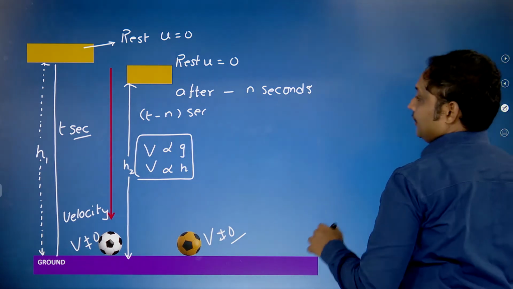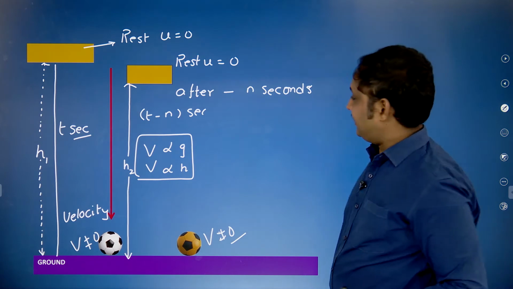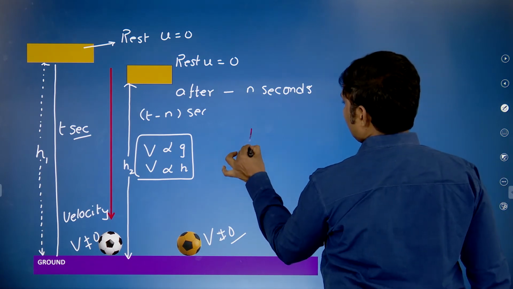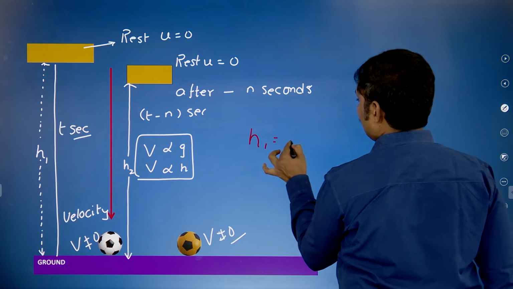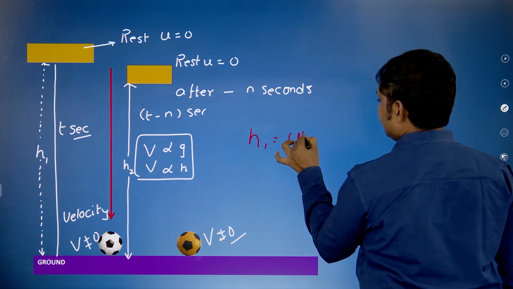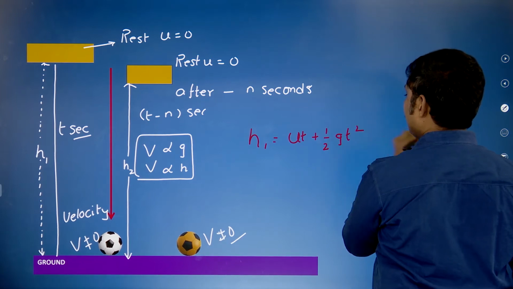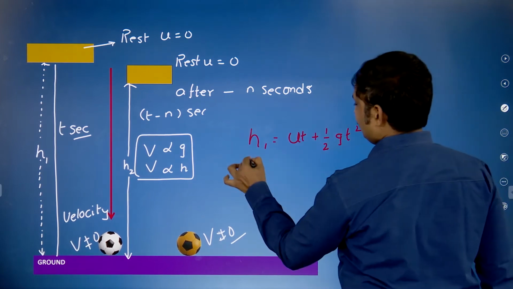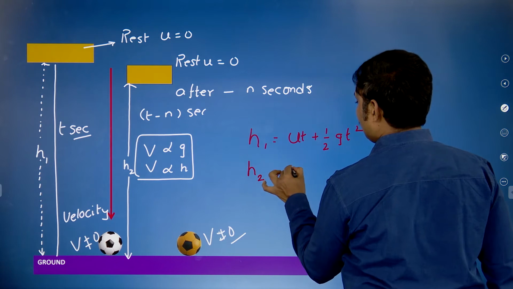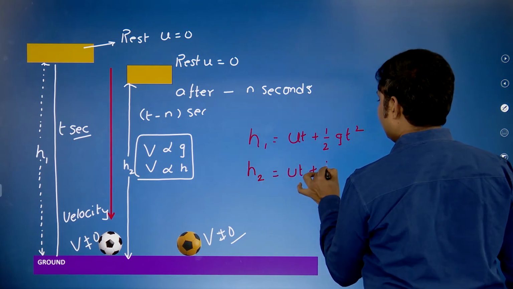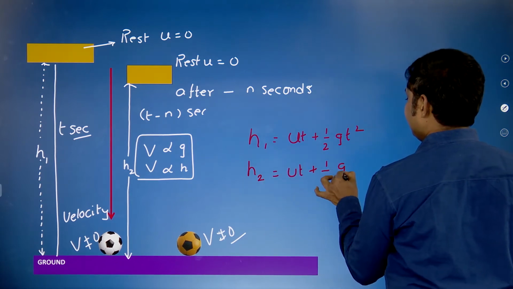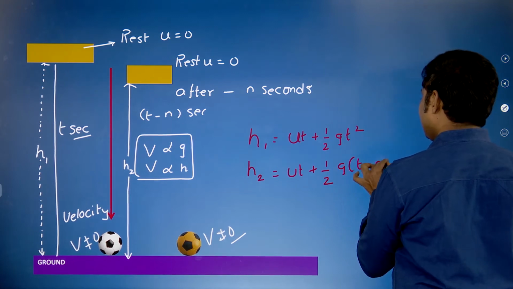We can take that H1 is equal to ut plus half g t square. H2 is equal to ut plus half g into (t minus n) whole square.